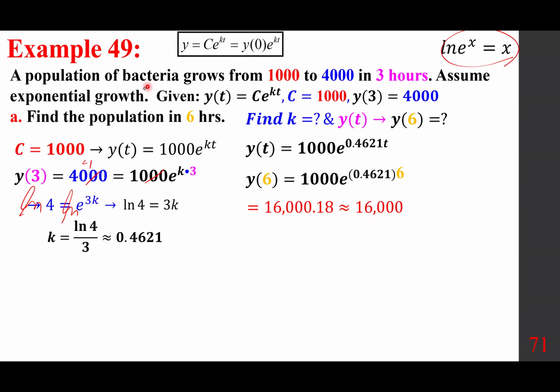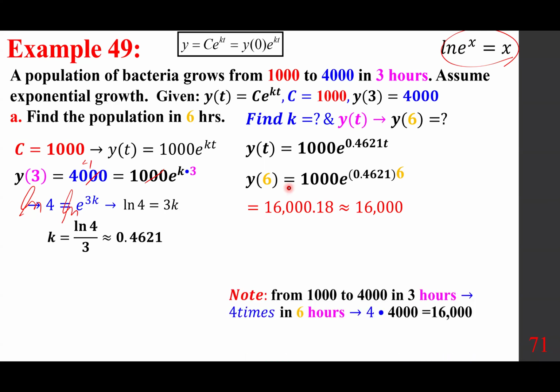This is population of bacteria. We do the rounding to the nearest whole number. Now, there are a couple of different ways to approach this, and I want to explain that. But I hope you realize this is algebra. We've seen this before.